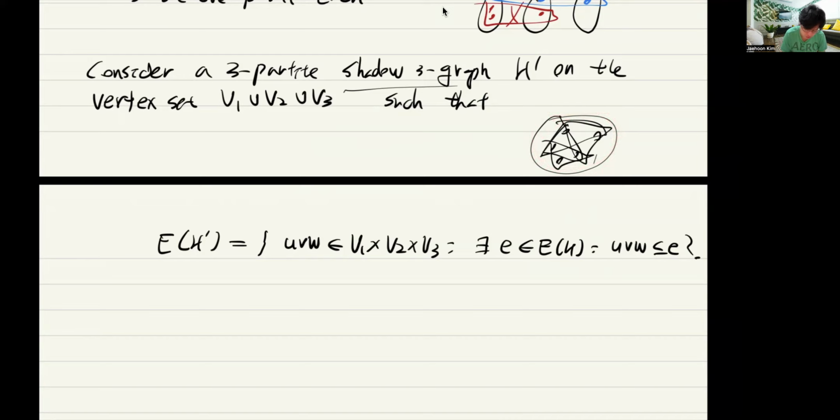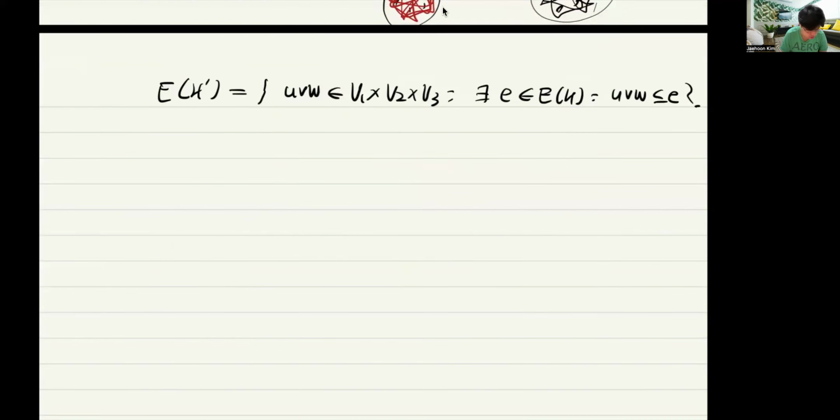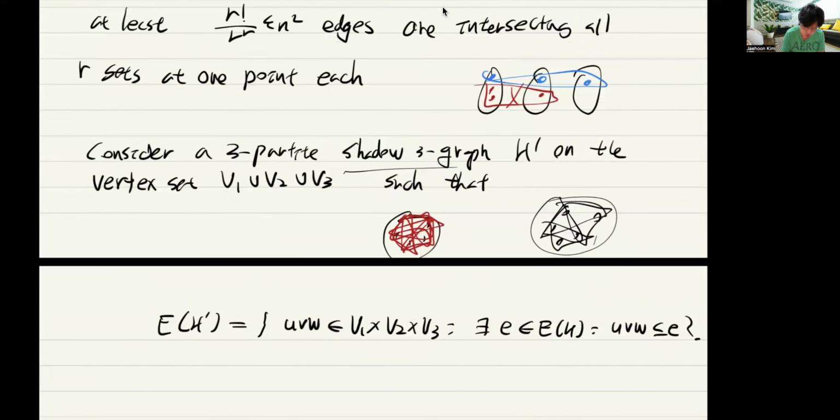So when you have 5 vertices here, then you consider all 3-subsets, and then you put that as your edge. Then you get this 3-graph, and then you restrict your attention between these 3 sets.